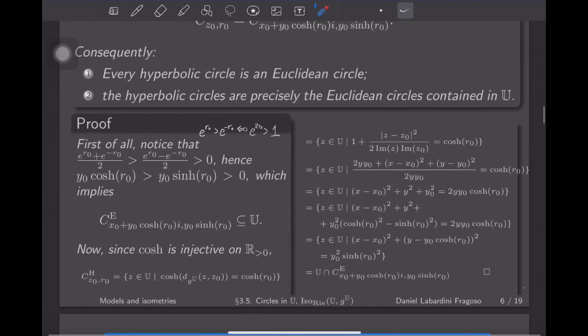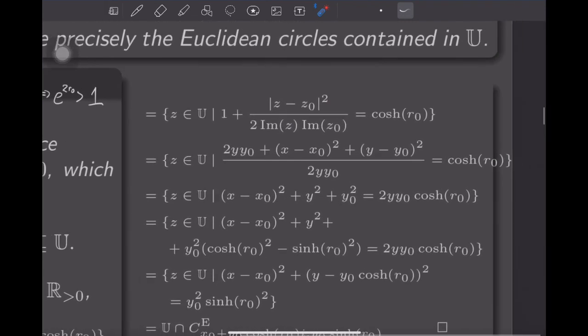So that's what I do. But now it's between this and this other point: 1 plus the square of the norm of the difference, over 2 times the imaginary parts. Okay, and I start developing it.